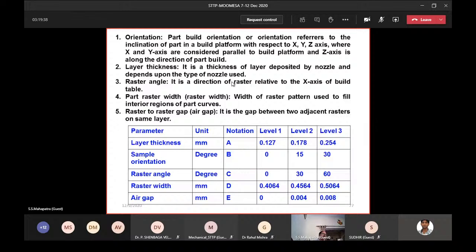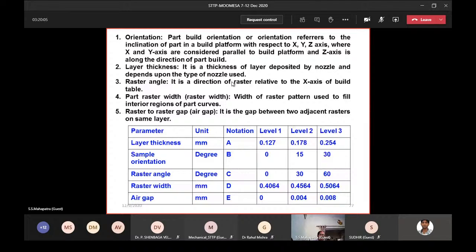Then the raster angle: when the material comes out from the nozzle, it gives a hatch mark, or material is filled in a hatch pattern. You can give it at 0 angle, or 30 angle, or 60 angle. So hatching will be 60, 30 or 0.